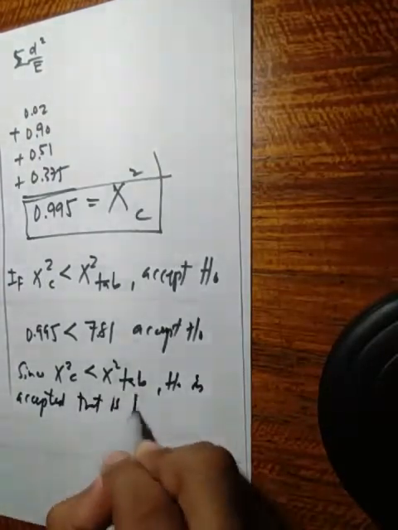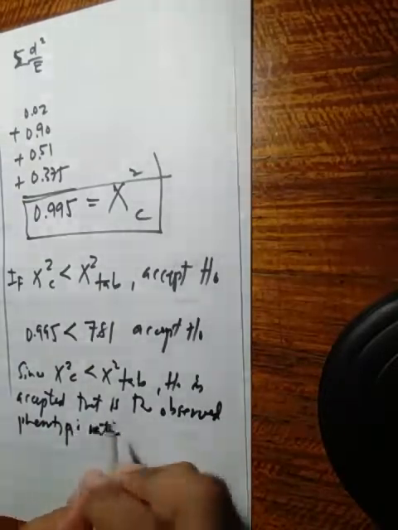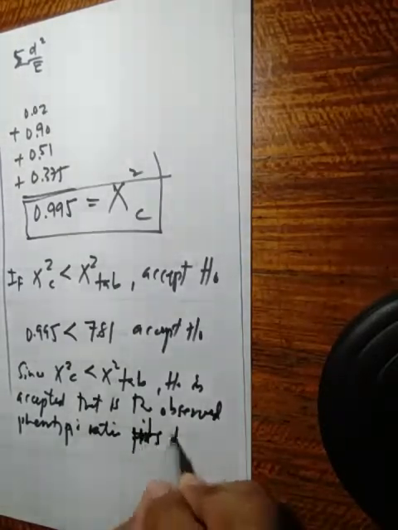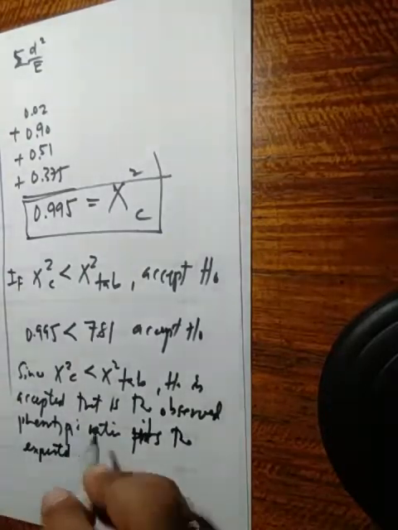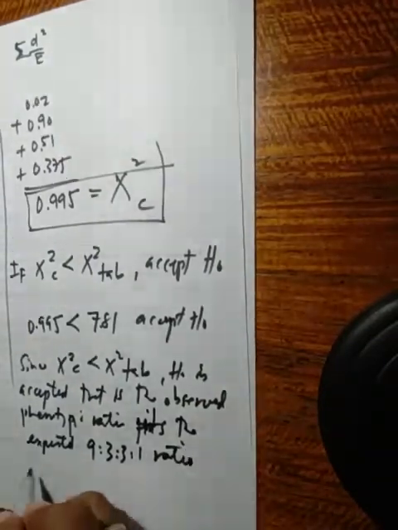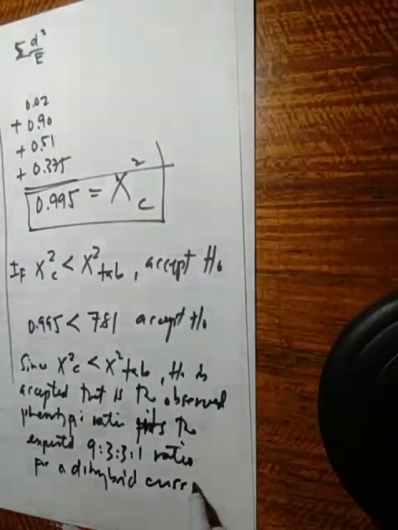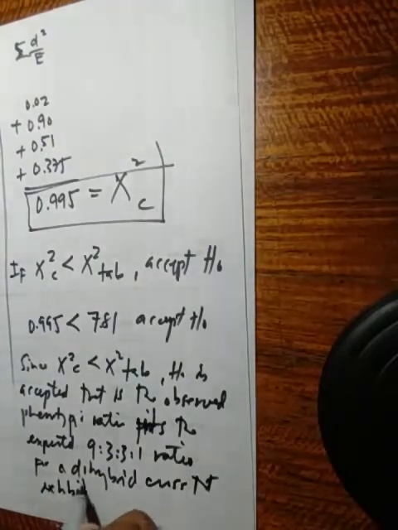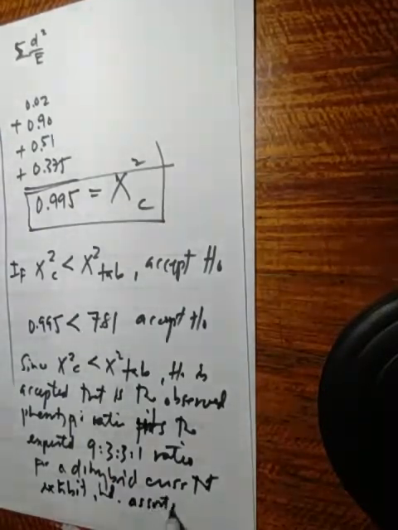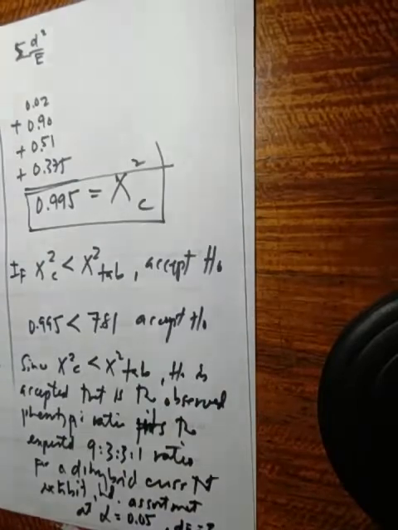That is, the observed phenotypic ratio fits the expected 9:3:3:1 ratio for a dihybrid cross that exhibits independent assortment at alpha is equal to 0.05, degrees of freedom is equal to 3.